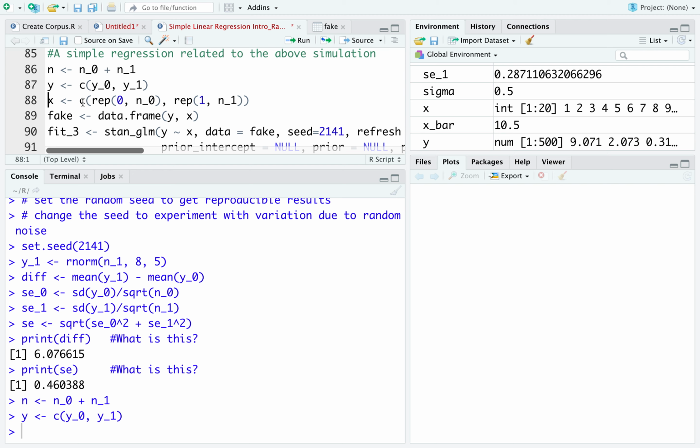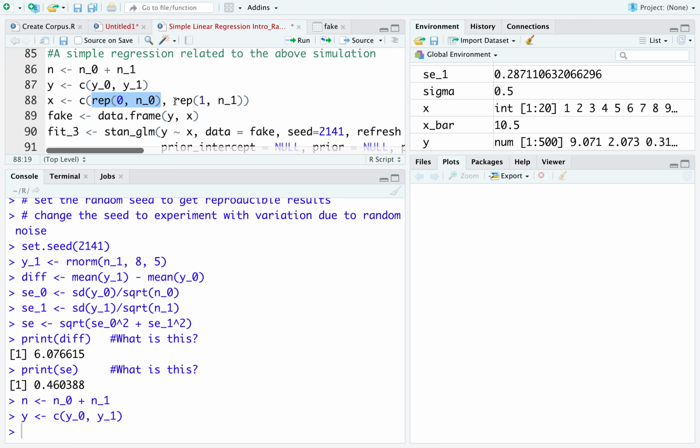And I'm going to do the same thing with x's, but here there are 200 observations of the first y that had a mean of 2, or actually 2.43, but they were drawn from a random normal with mean 2 and standard deviation 5, I think. For each of those, I'm going to have a 0. So I'm going to have repeated zeros with length n0, which is 200.